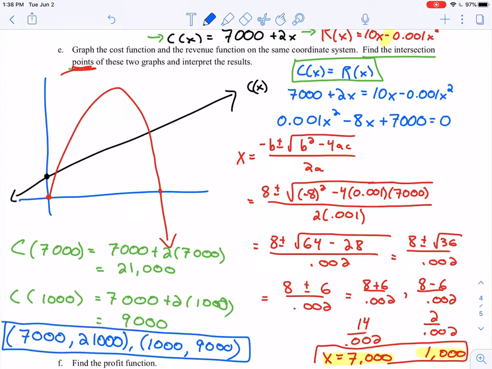It also says interpret the results, interpret what these are. So these 2 points, this is where the cost function is equal to the revenue function. So here's the 2 points that I just found where the cost function is equal to the revenue function. So if we have these points where the cost is equal to the revenue, we call these break-even points.